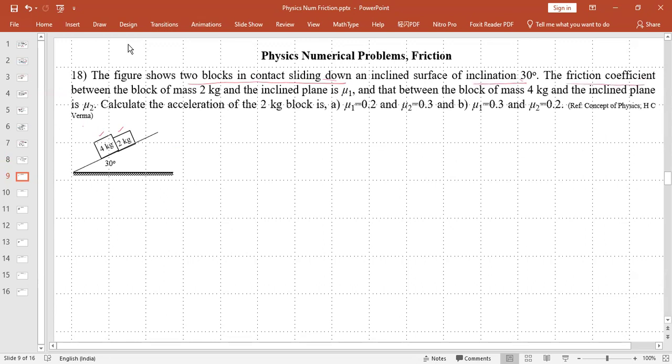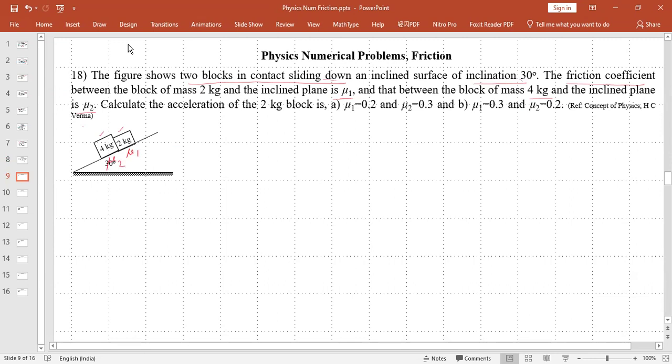The friction coefficient between the blocks and the surface are mu1 and mu2. The friction coefficient for the 2 kg block is mu1. So friction here is mu1. And the friction coefficient for the 4 kg block is mu2. So the friction here is mu2.